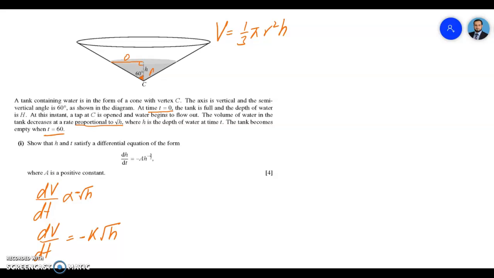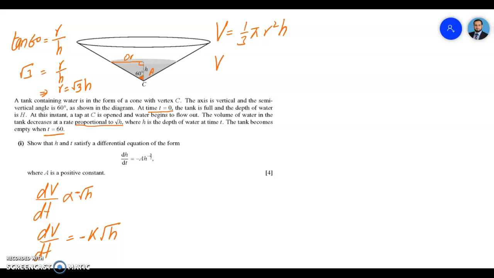So this is opposite and this is adjacent, and this is the radius. So if we find the radius, tan of 60 degrees is equal to r over h. So tan 60 degrees is root 3, which is equal to r over h. So r is equal to root 3 times h.